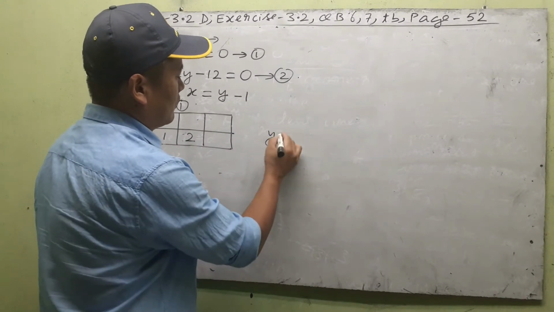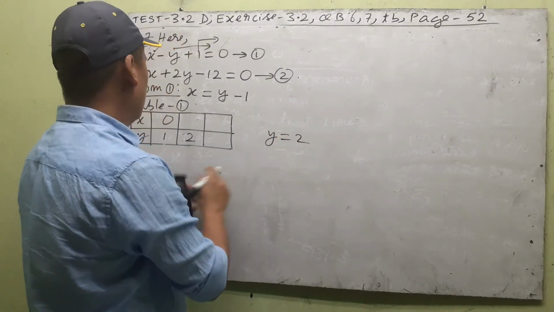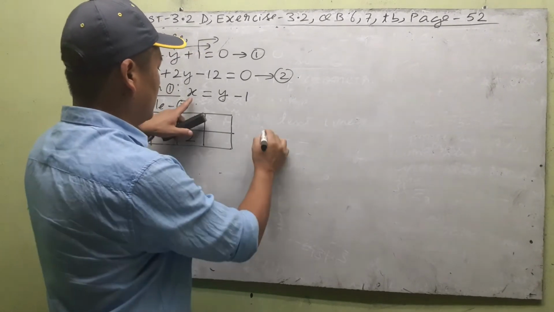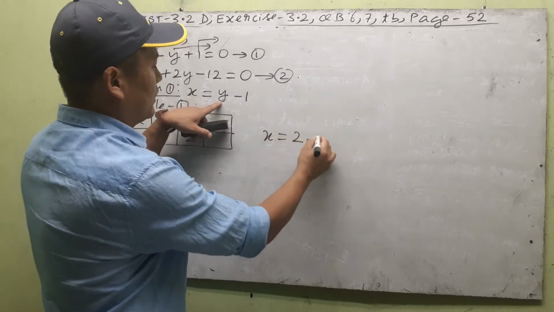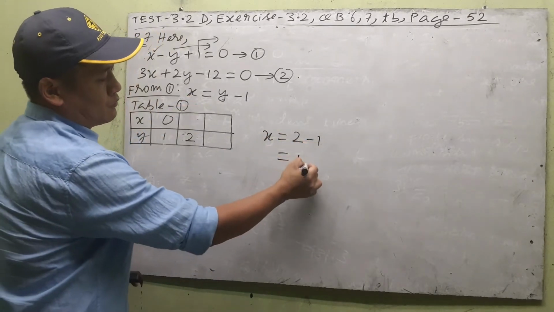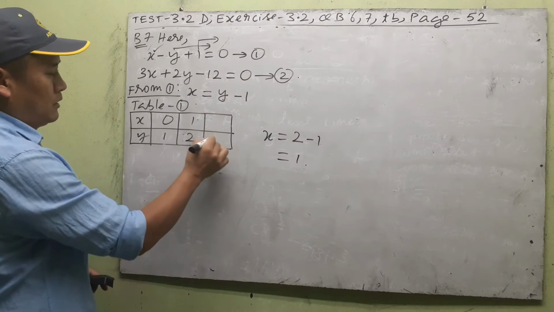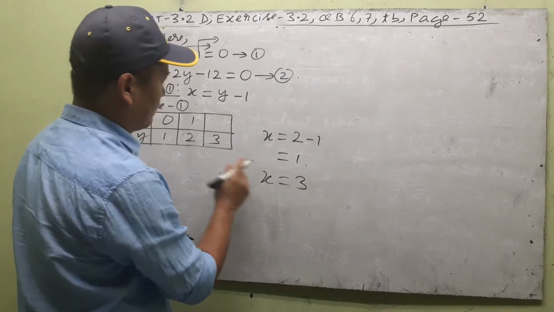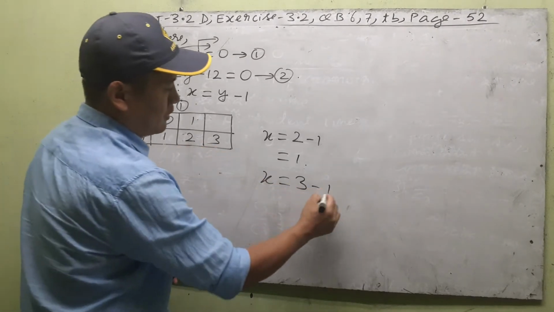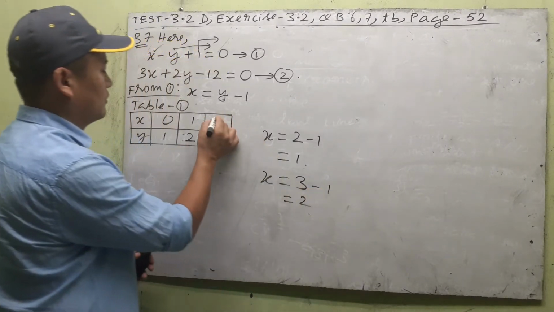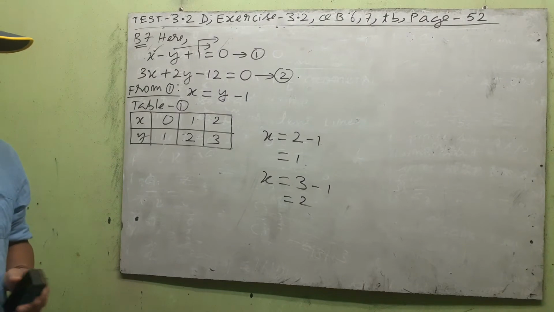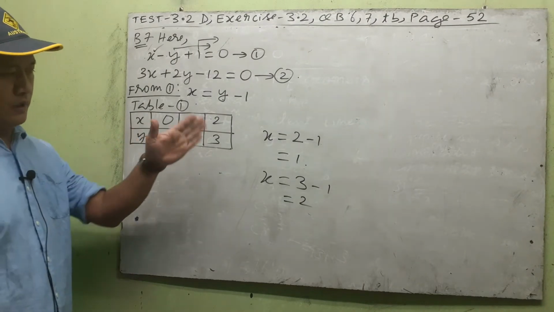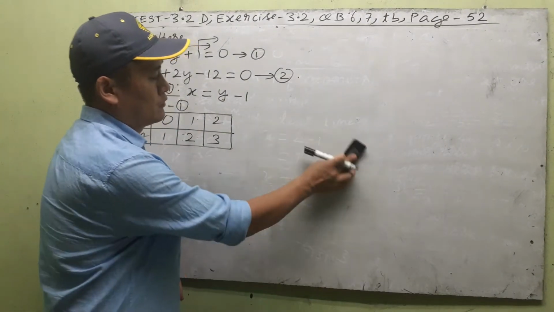Then y is 2, so 2 minus 1 is 1, so here 1. Put 3, then y is now 3, minus 1 is plus 2, so this will become 2. So 3 values we got like that. As far as possible, smaller and single digit numbers will help you to draw the graphs easier.